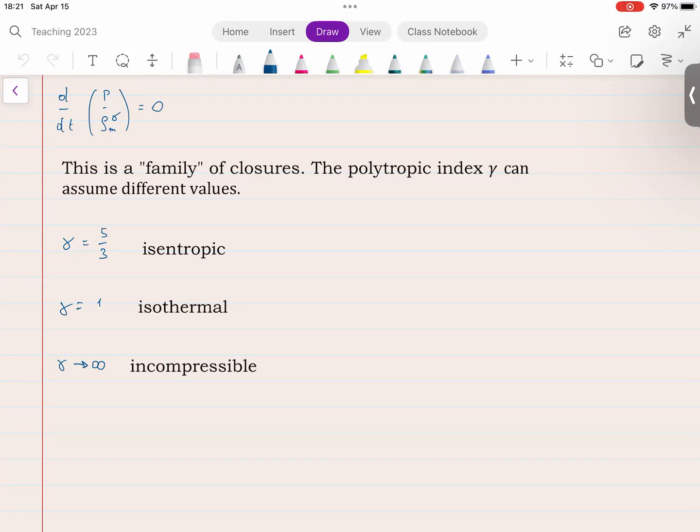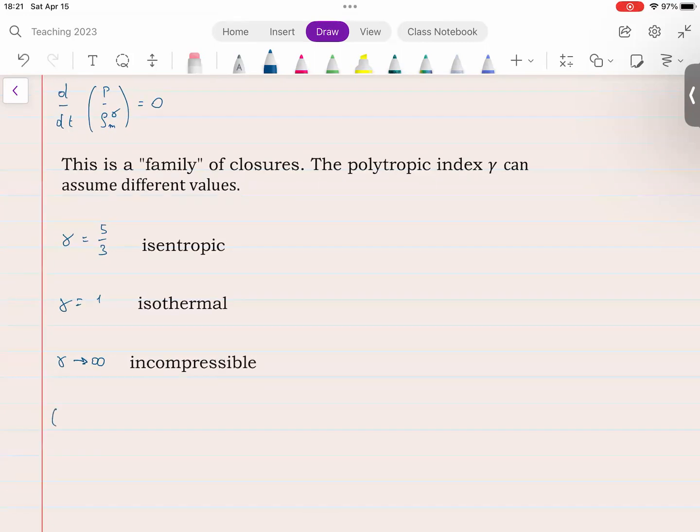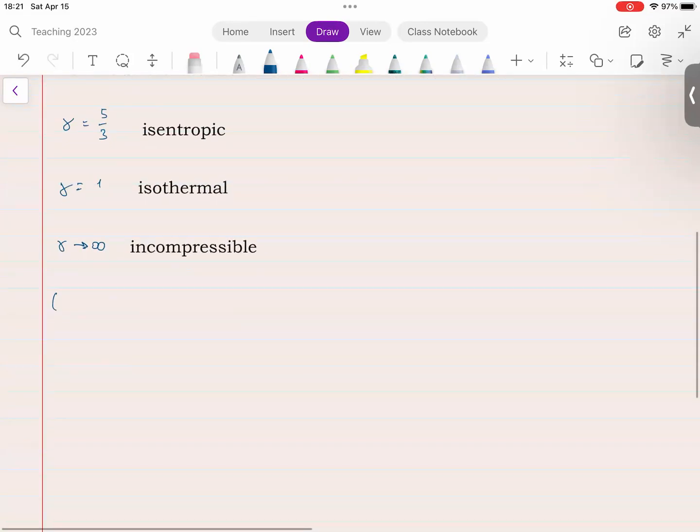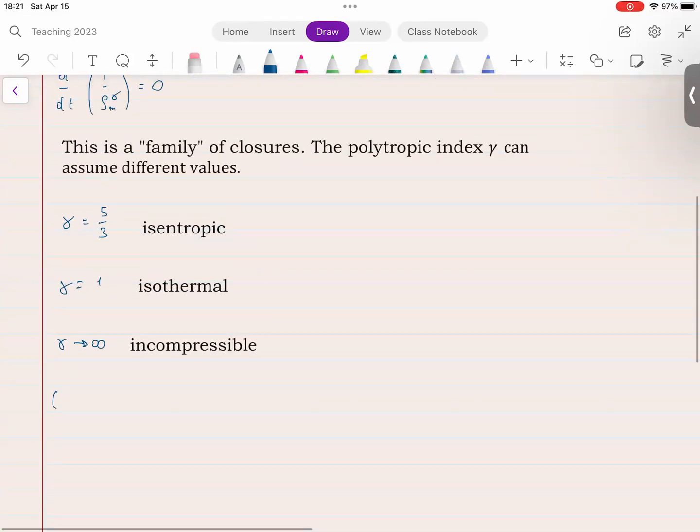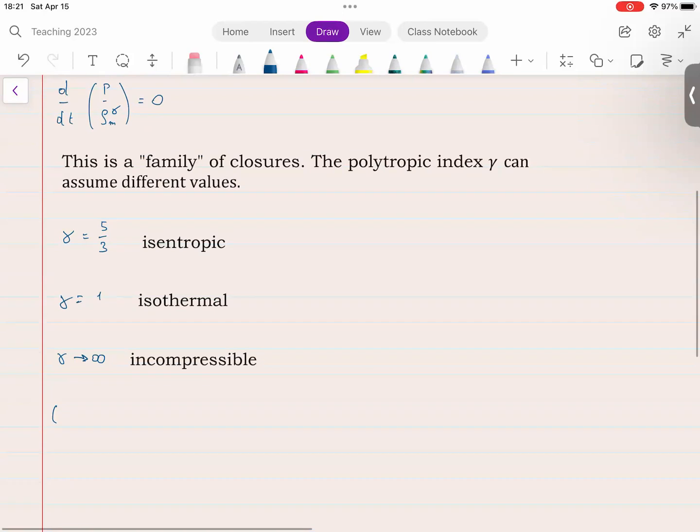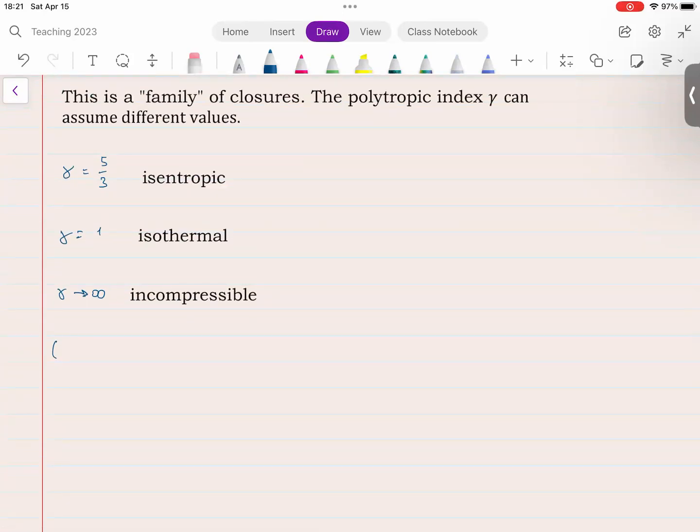And this last one is really not used. I will set it as a curiosity, but in principle, you could take gamma equal 0, and then what you have is that the pressure is constant in time.